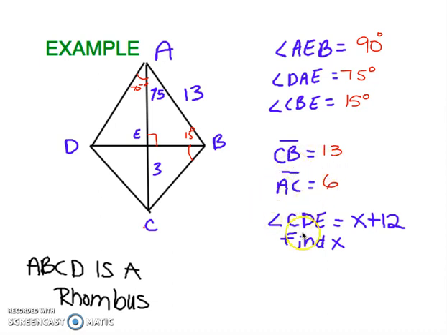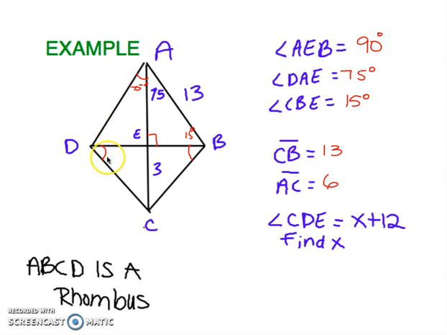And now we want to find if angle CDE equals x plus 12, we want to find x. So for this one, angle CDE is this angle right here that we're looking for. And we know that this one right here, if this one is 15, we know these are all 15.